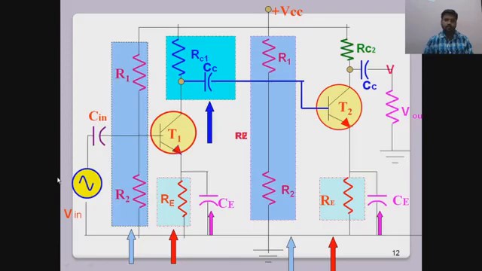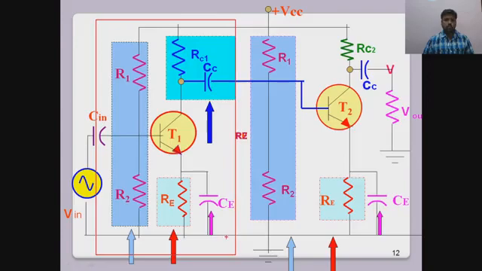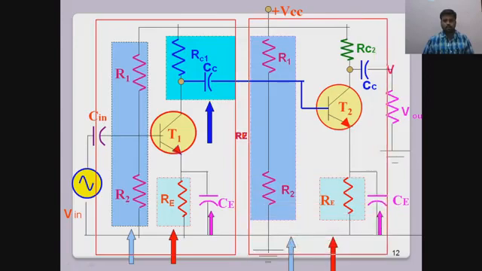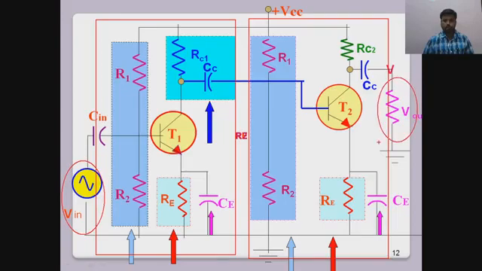What you observe here, see, there are two transistors, one transistor amplifier for the first stage, and this shows stage 1, and this is stage 2, and here is the input, and here we are going to collect the output.